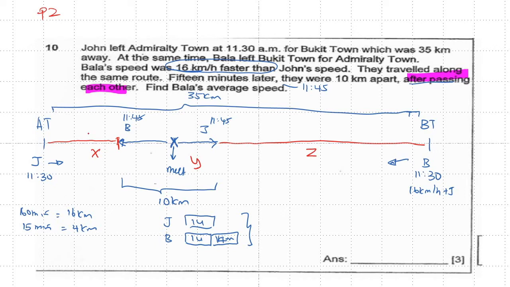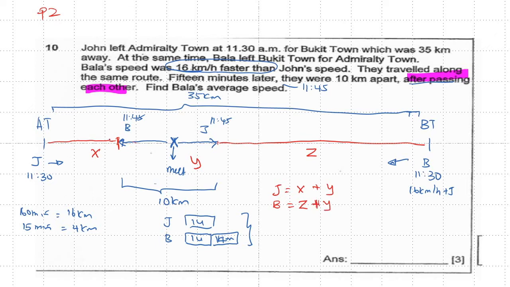So John travel is equal to X plus Y, right? Because John is here, and here plus Y. This is John travel. But Bala's travel will be Z plus Y.